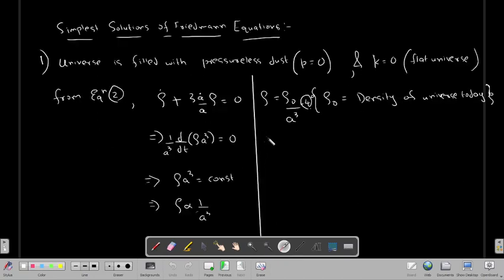Okay. So you know that (a dot by a) square is equal to 8 pi G by 3, and instead of rho I will write rho 0 by a cube, and minus k c square by a square.